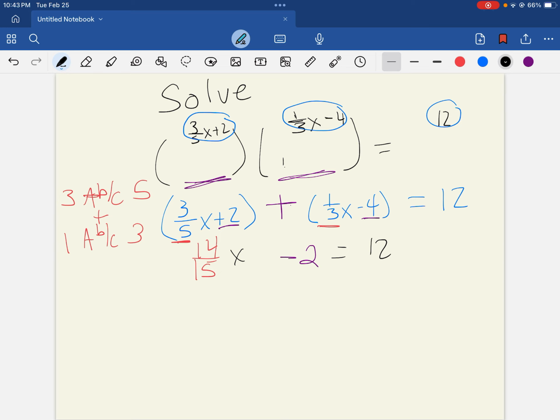Okay, so I'm using my calculator to brute force this fraction addition. And then I'm going to solve this equation. The next thing I do is add 2 to both sides. I'm going to get 14/15 x is equal to 14.